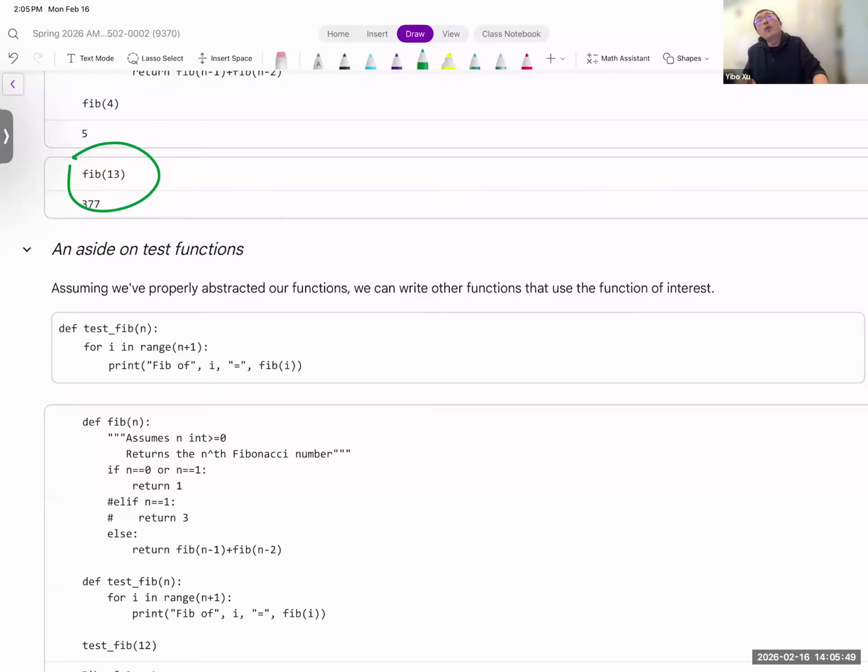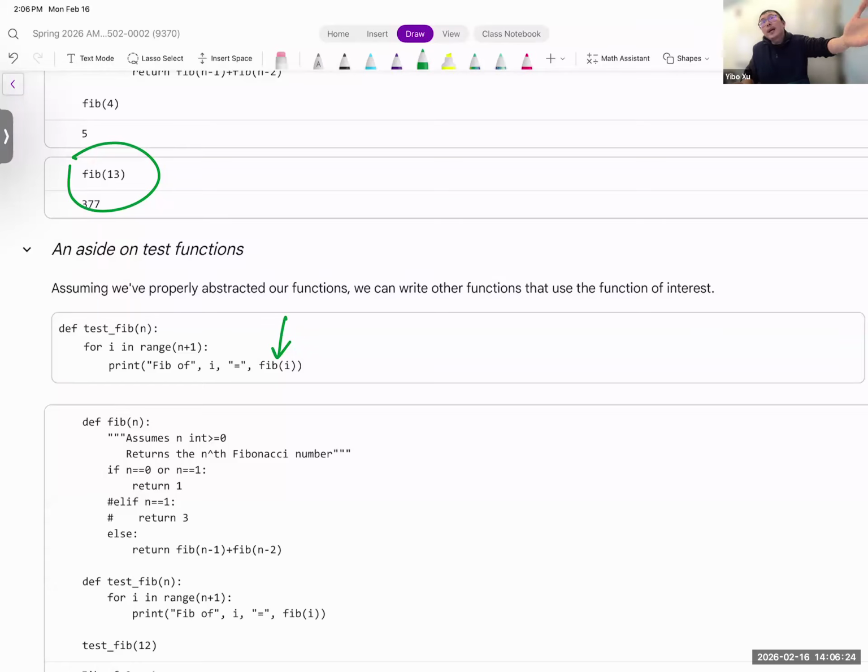And here, we are now using this kind of abstraction. So you have the function defined, then you don't really care about how the output is computed. You just know, okay, for whatever input that I provide, that black box will give me my desired output. And then you can reuse this function, like this. So here the test fib function is basically saying I print the list of outputs.